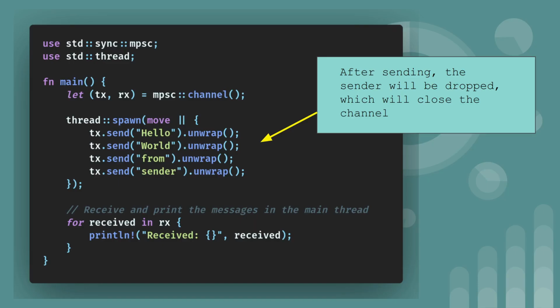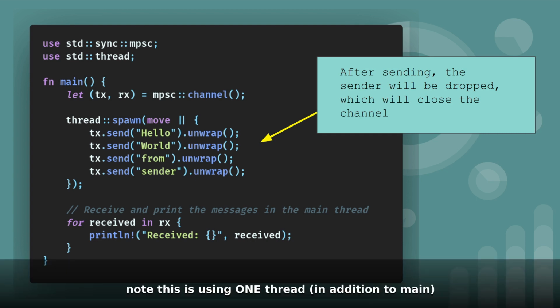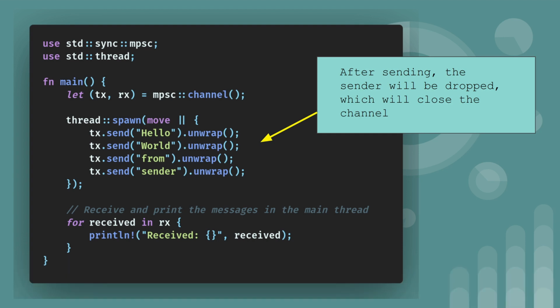Okay. So this is a very small example. We've got let tx and rx tuple, so we're destructuring the MPSC channel. We've got one transmitter and one receiver. The one transmitter is sending 4 things. After sending, the sender will be dropped, which will close the channel.